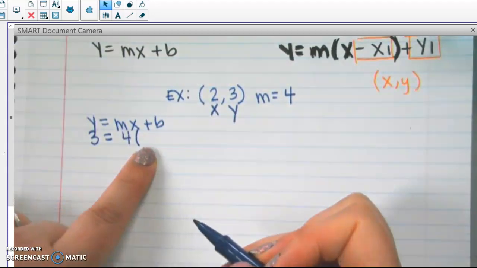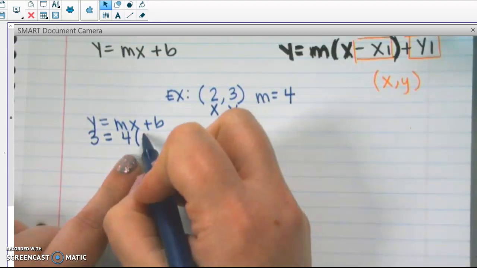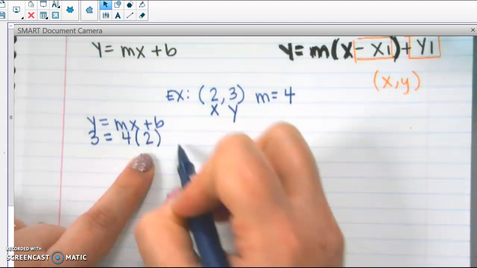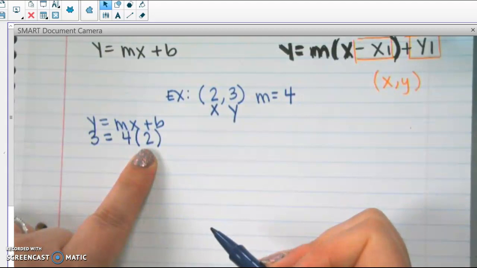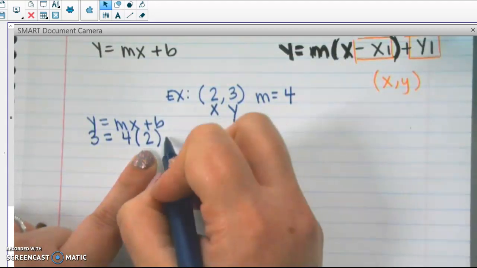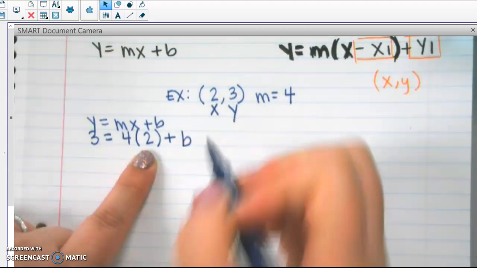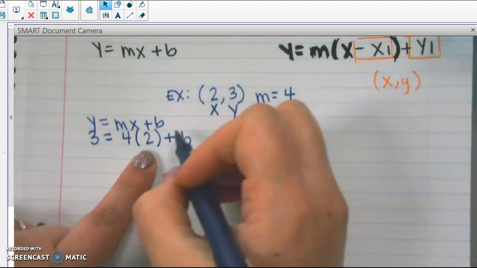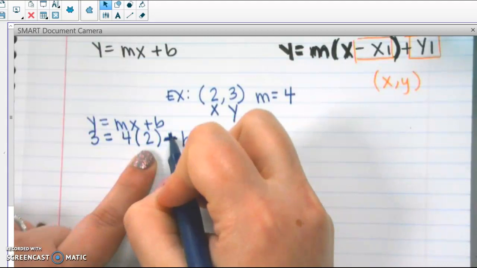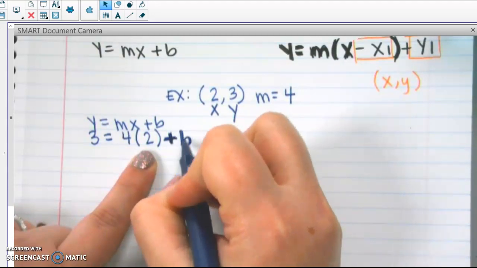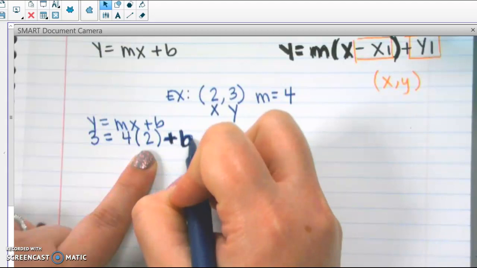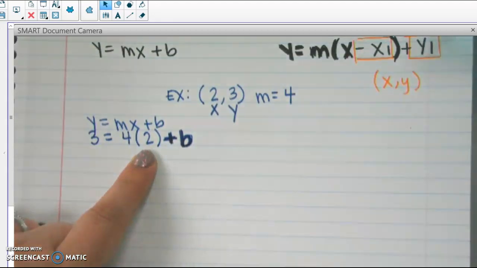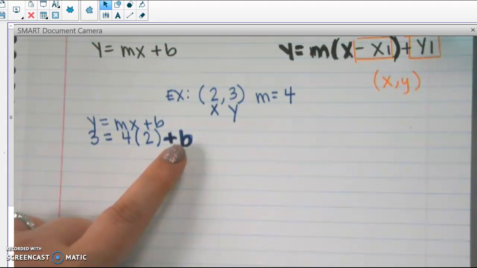And then I'm going to replace the letter x with 2, because that's the x from my point. And I never will know what b is equal to. So whenever you're going to use y equals mx plus b, that plus b is going to be there always. We do not know the y-intercept. So we're going to have to solve this equation for b.